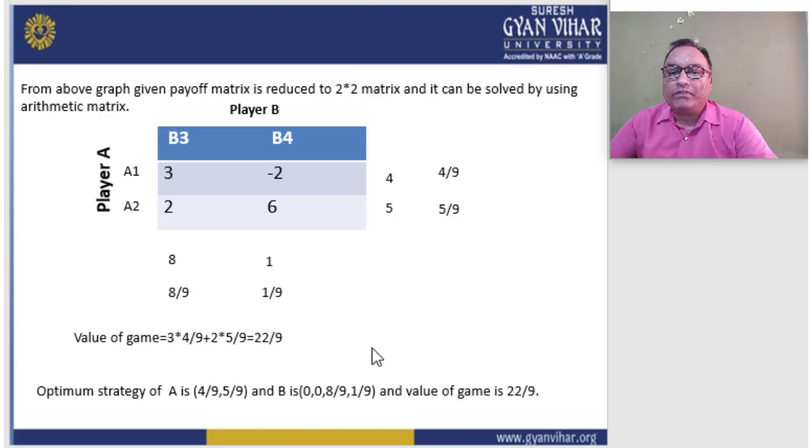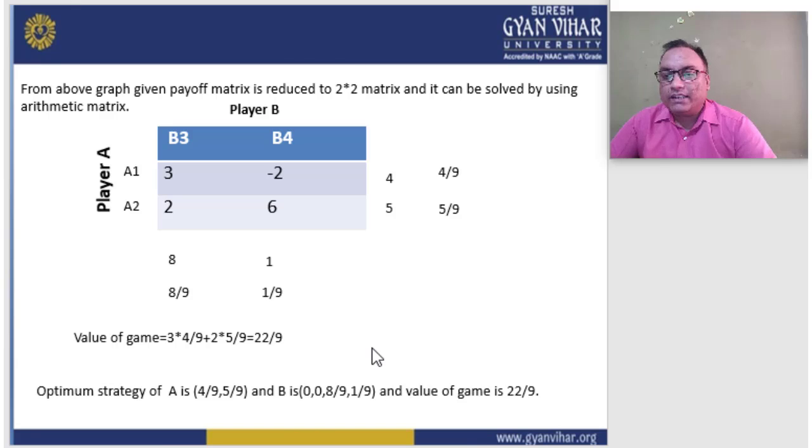So from the above graph, the given payoff matrix is reduced to a 2 by 2 matrix, and it can be solved by using the arithmetic method. So here is player A and player B, and these are A1 and A2, and these are the strategies B3 and B4.